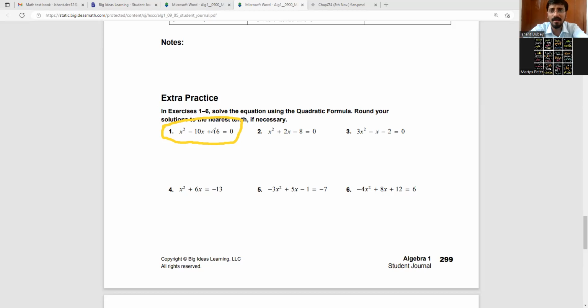And here we have only x, no y or z at all, so it is one variable. You can call this a quadratic equation in one variable.